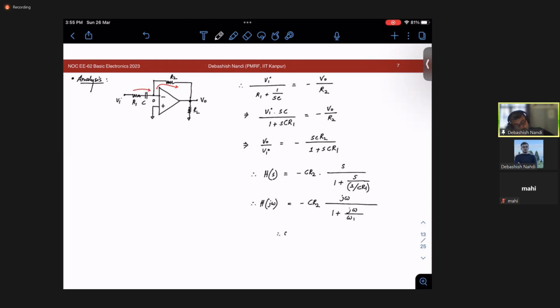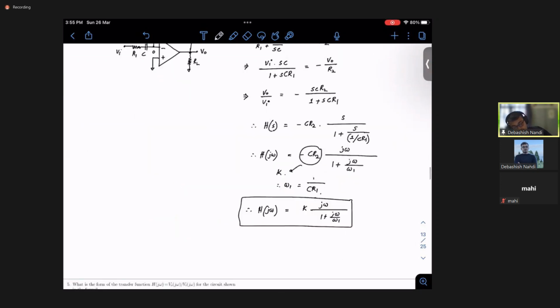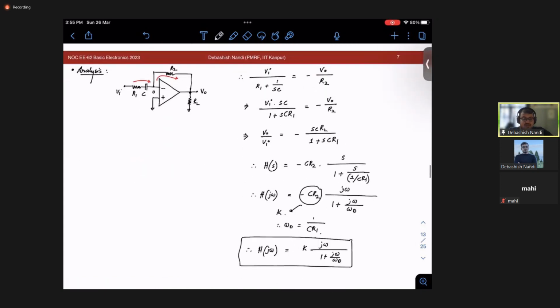So your omega 1 would be 1 over CR1. And this you can replace with k, so your form of h of j omega would be k j omega over 1 plus j omega by omega 1. See, the same result you are getting, right? Let's make it omega 0 for the sake of continuity. So this is how you can simply solve the transfer function of this kind of circuits.